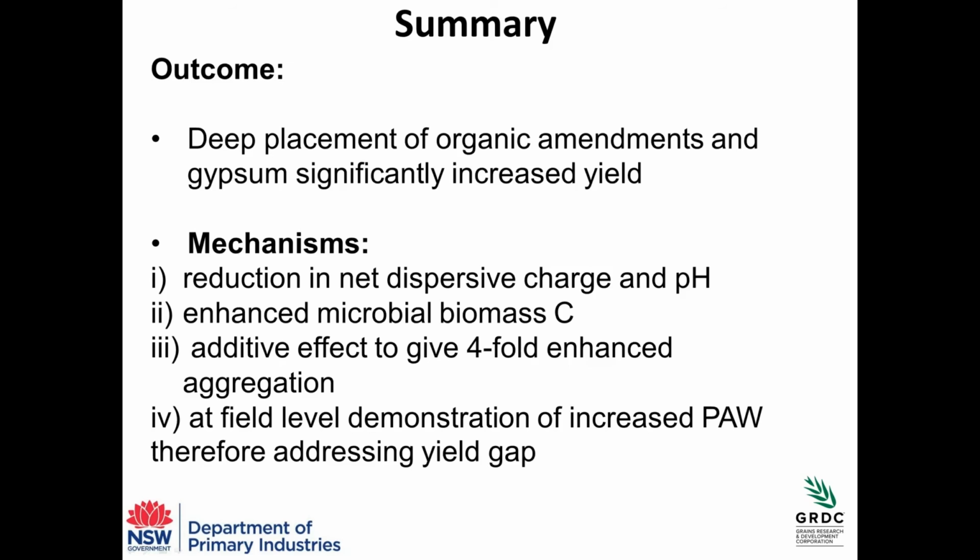The other thing is that the most activity of the microbial community is in the top 5-10 centimeters. That means the organic matter that you put in the topsoil is going to be used by microbes and decomposed very, very quickly, and we saw that in many trials. However, if you place it in the subsoil, there is slower microbial activity, so oxidation of organic amendments is slower and you get a slow release of carbon.